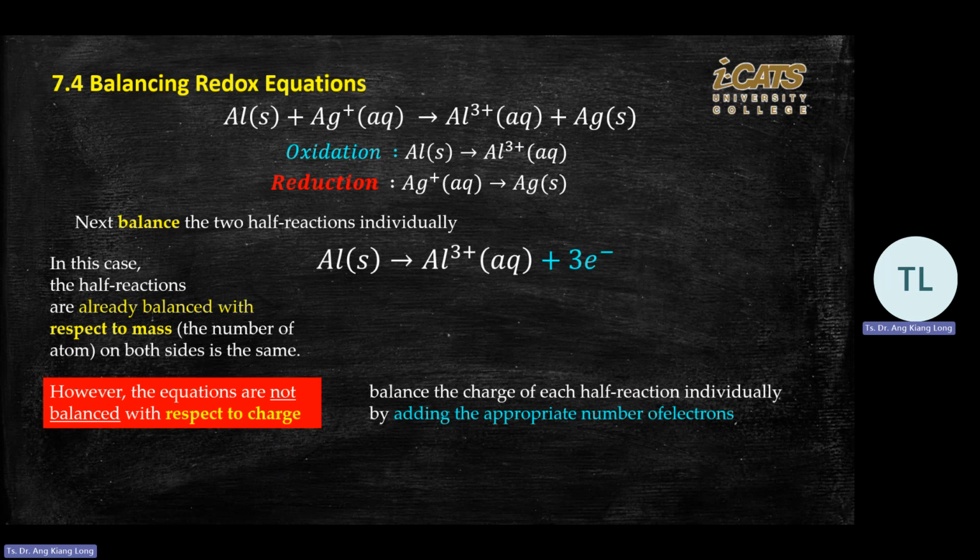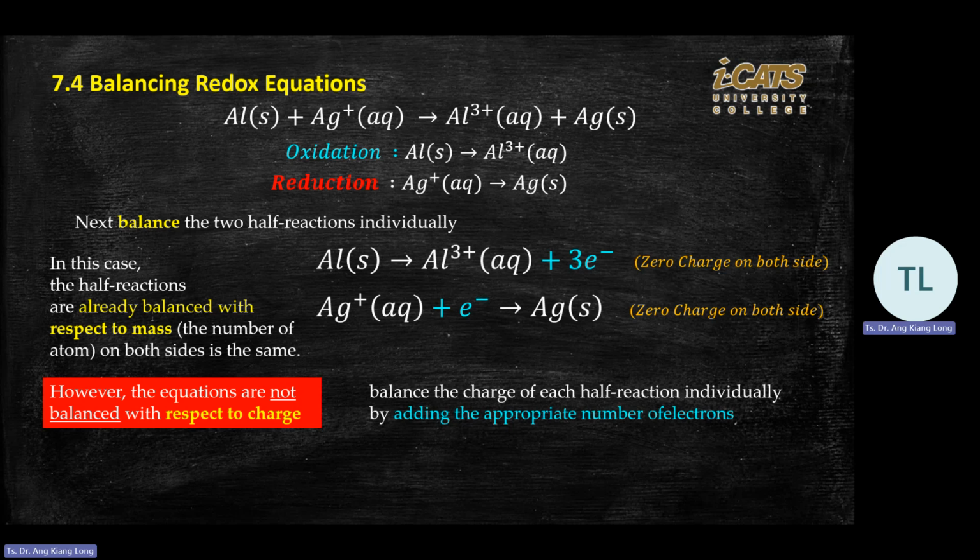You need to write plus 3 electrons. When you have 3+, you need to balance it to become 0 on the right hand side. For Ag, also the same. What we want to see is the blue color electron. Understand?